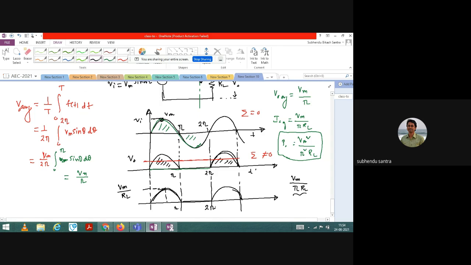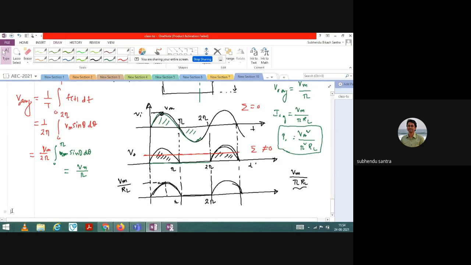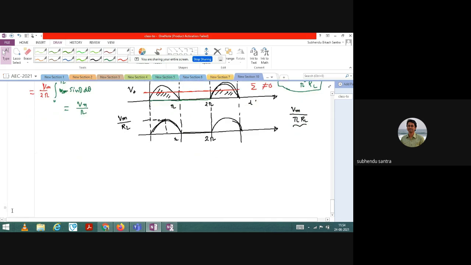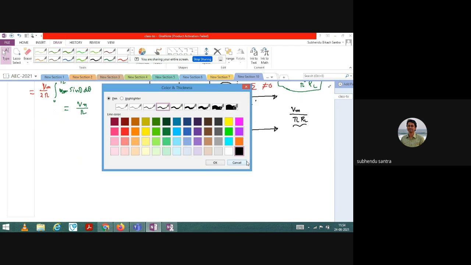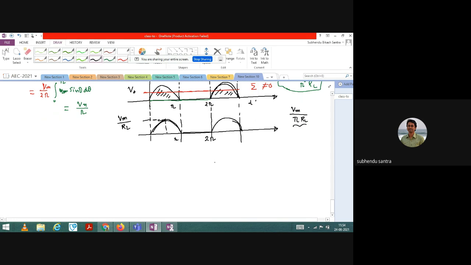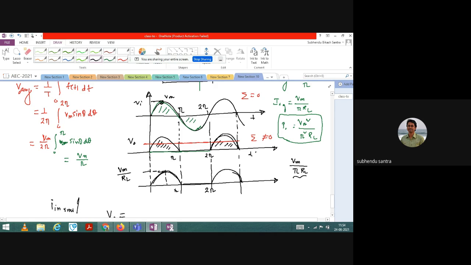Now can anybody tell me the RMS value of the signal? You have to calculate two things. One is the input RMS current, and also the output voltage V0 is not purely DC. This is a pulsating DC: sometimes it has a value, sometimes 0.